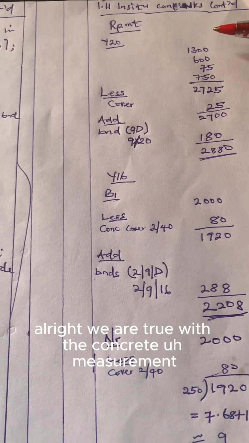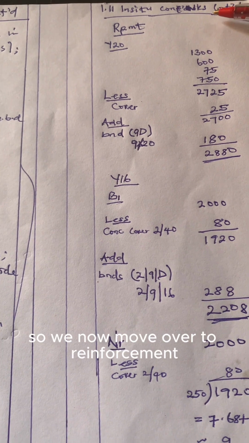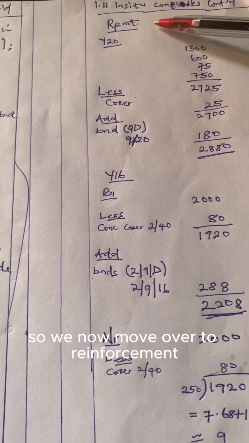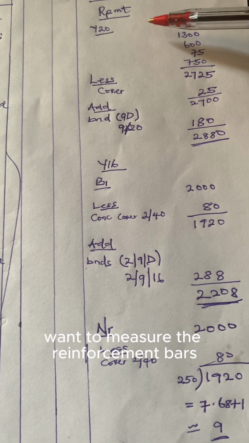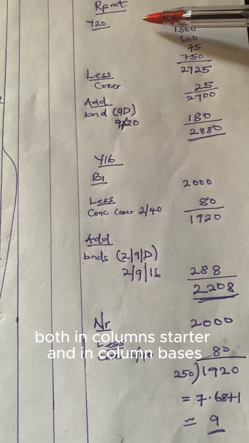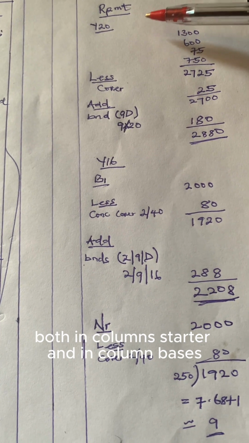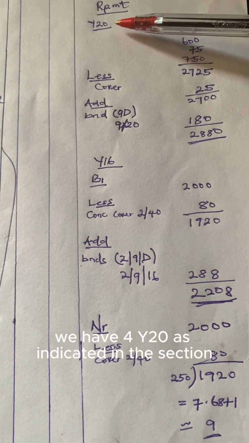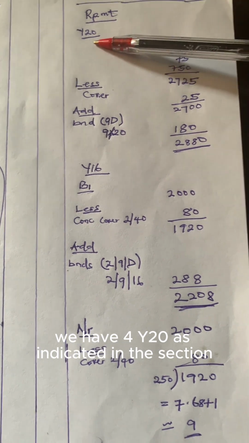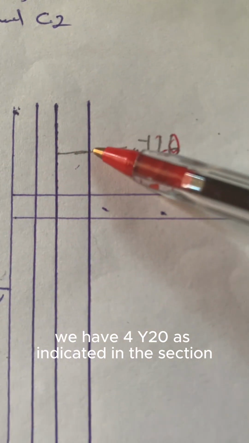All right, we are through with the concrete measurement. So we now move over to reinforcement. We want to measure the reinforcement bars, both in column starter and in column bases. So in terms of the column starter, we have 4y20 as indicated in the section.